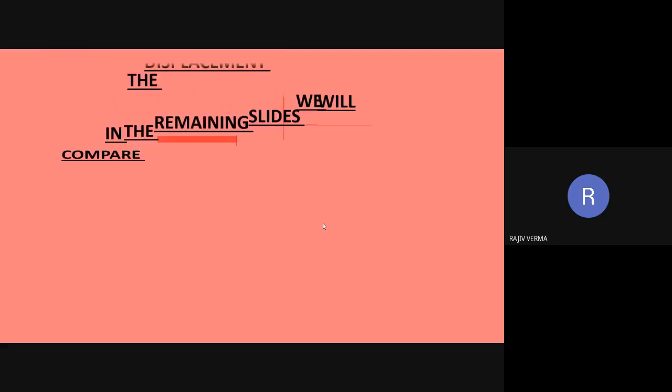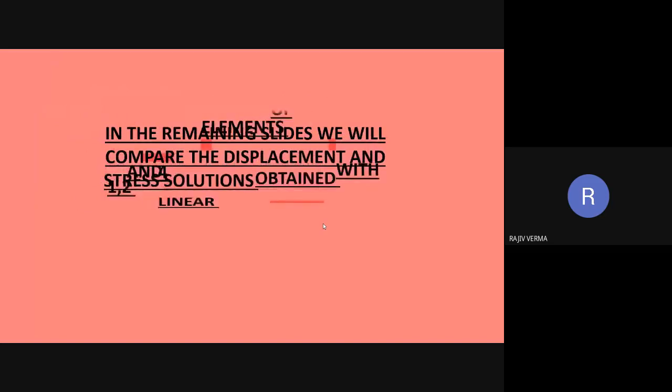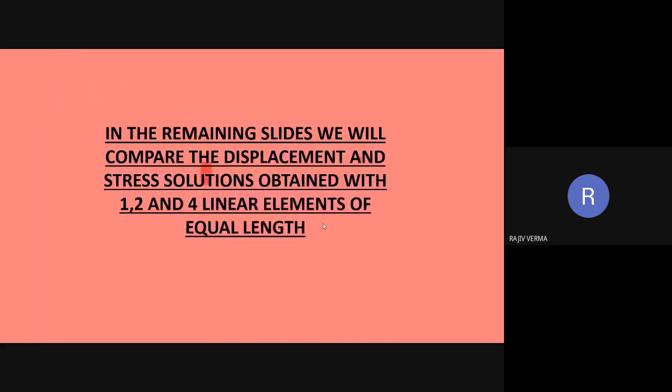Now in the remaining slides, we are going to obtain the solutions using higher number of elements, and then we will compare the solutions obtained with respect to the exact solution. So this is the bar. The coordinate system has been located at the fixed point of the bar, but actually it could have been located anywhere.